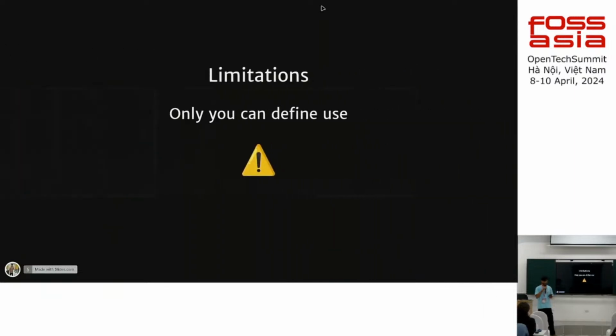Now that's great, and it may be useful in some cases, but in other cases in the world today, it may not be useful, because copyright also comes with limitations. Such as, when you write code, it is automatically copyrighted. Only you get to define how it is going to be used. So let's say for the sake of this presentation, you wrote software for GPS navigation, and what if that software could be used for autonomous vehicles?